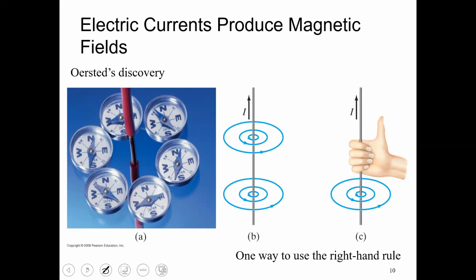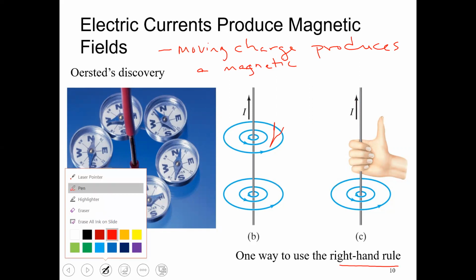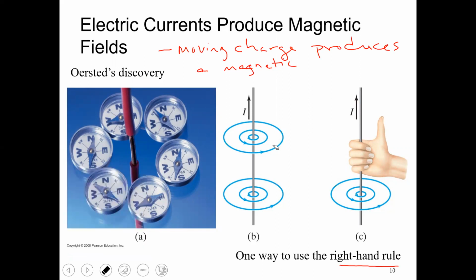One of the ways you can think of this is that a moving charge will produce a magnetic field. So current is moving charges. A moving charge will produce a magnetic field. Which way does that magnetic field point? Well, we're going to use a right-hand rule to talk about which way a magnetic field points. So if you take your thumb of your right hand, if you are right-handed like me, you got to put down your pen to do this.